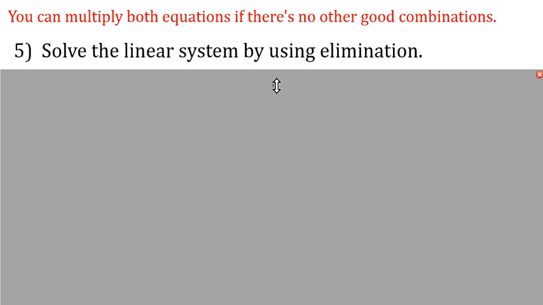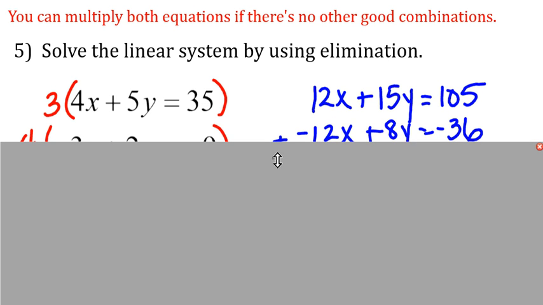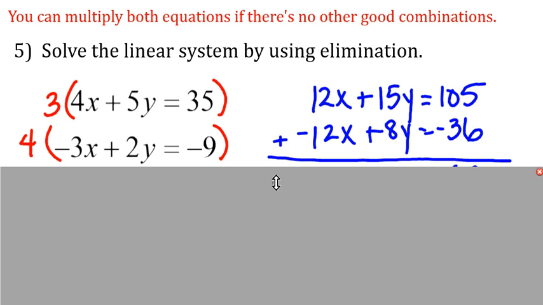Then I could add the two equations together to make that 0. So here's what would result. My first equation would be 12x plus 15y equals a positive 105. The second equation, I have negative 12x plus 8y equals negative 36.